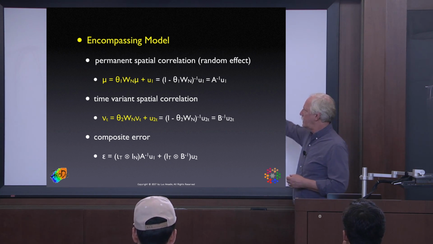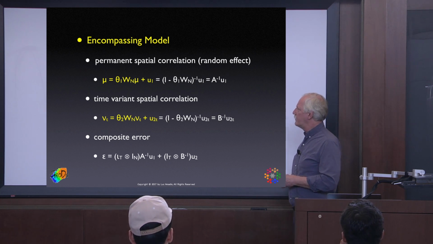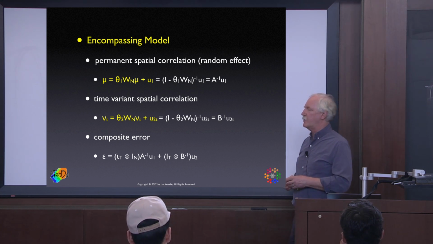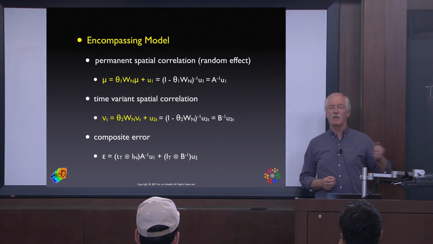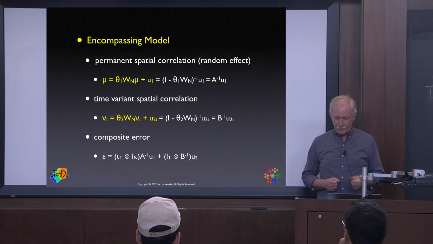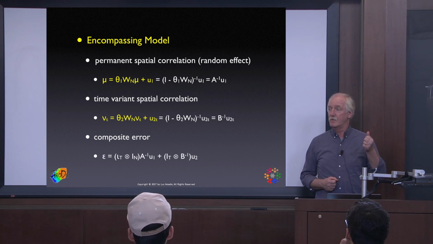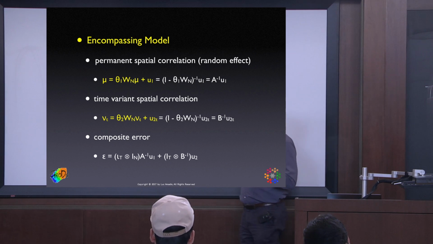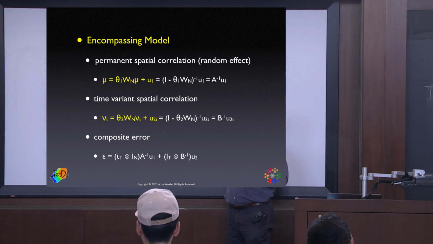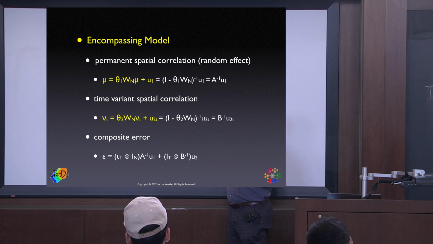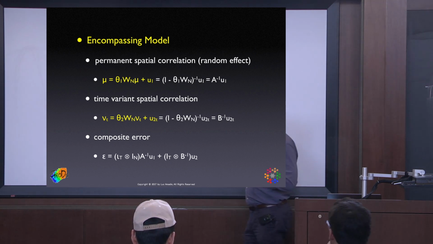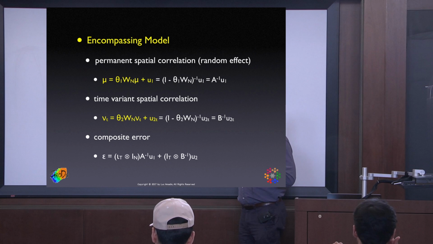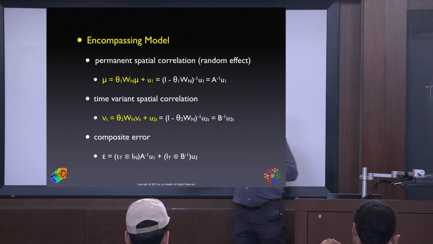And so Baltagi came up with this model, which is kind of cool. He just said, well, let's have two separate spatial autoregressive processes, one explicitly for the random effect, for the mu, and one explicitly for the other part, the time varying part. So this is not time varying, that's why it calls it permanent, and this one is time varying. And then you have a composite error that basically has the two terms, with a B inverse here and an A inverse there.